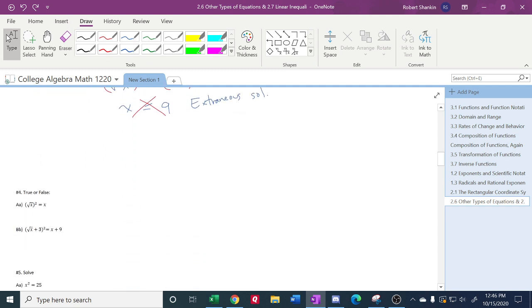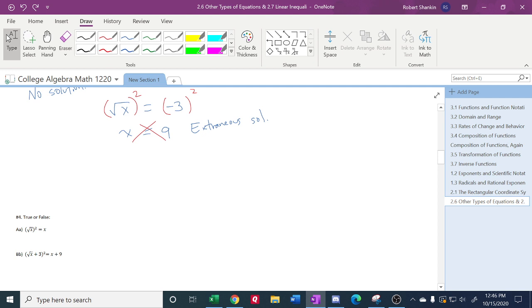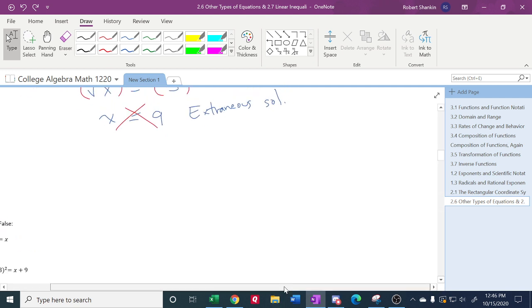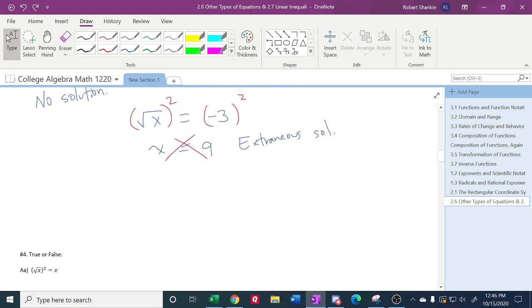True or false? So let's go through these one at a time. A. Put a T or an F next to that. 30 seconds more. Alright, this one is true.